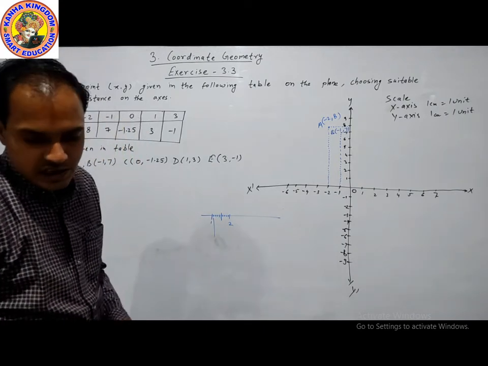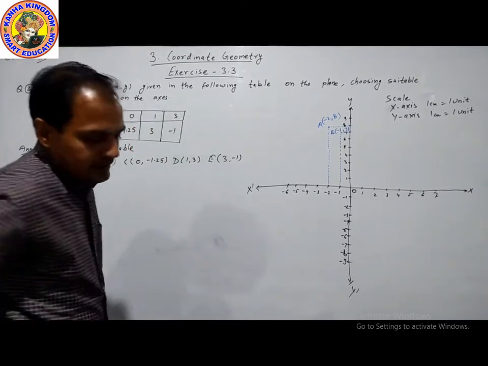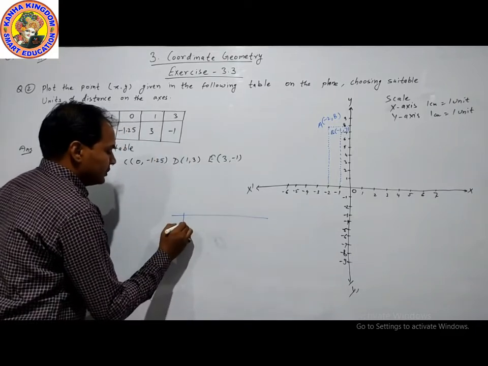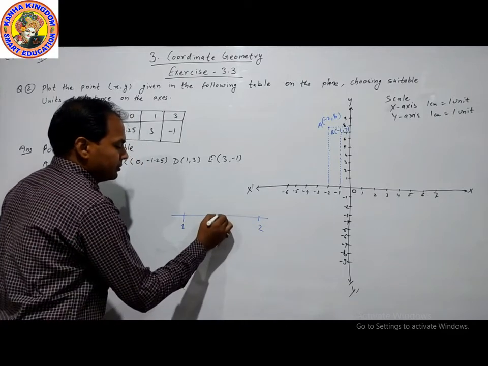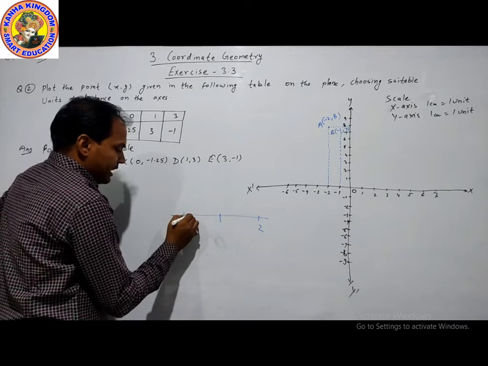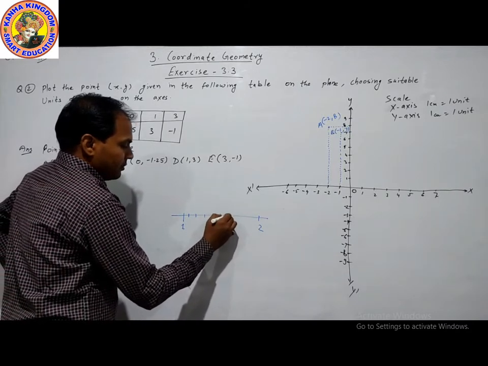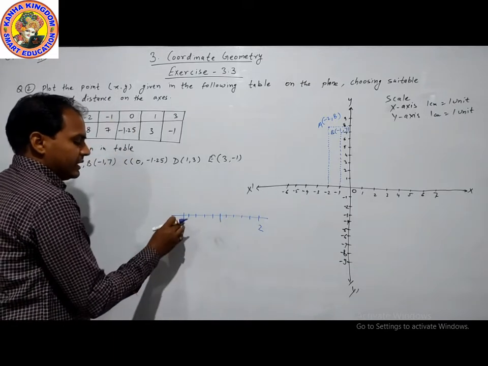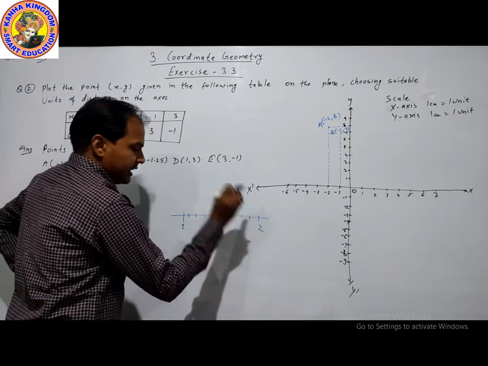I will enlarge this diagram. I take a large scale. Here is 1, here is 2, and between them are 4 lines, then 4 more lines. There are a total of 10 lines.